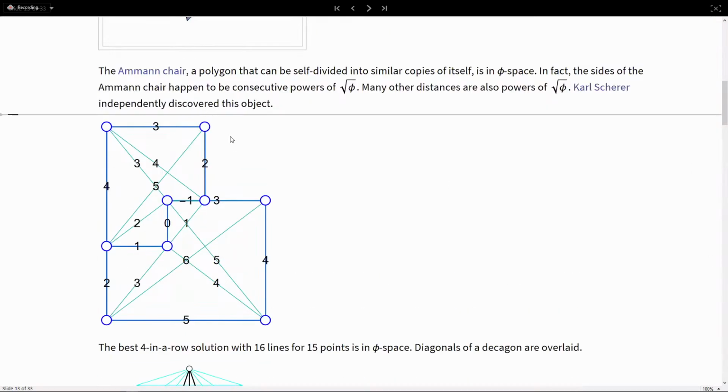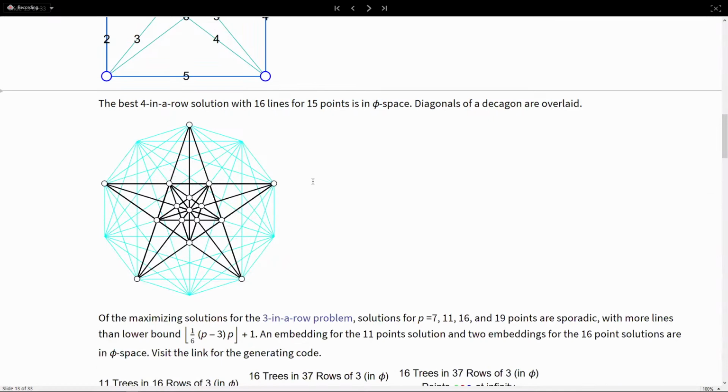The almond chair, you have this chair object. You divide it into 2 chairs, which are similar. They're proportioned like the golden ratio. My friend Carl Scherer independently discovered this object at about the same time as Almond did. The best 4-in-a-row solution for 16 lines with 15 points is in the space of the golden ratio.